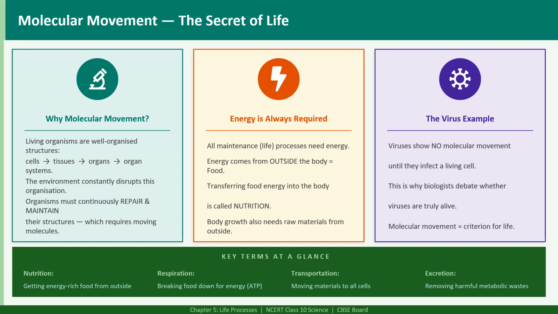Plants, being autotrophs, prepare their own food, and we animals consume food from the autotrophs. When this food enters our body, it undergoes many processes and is converted into energy. This transfer of food energy into the body we call nutrition. Body growth also needs these raw materials from outside.